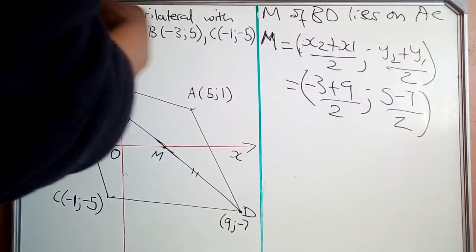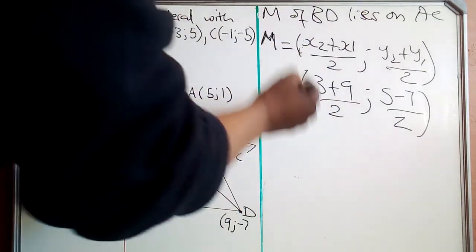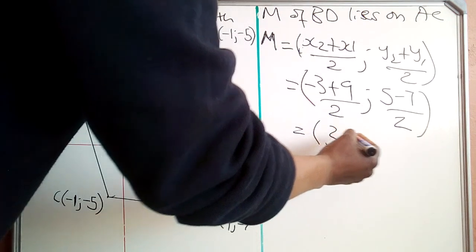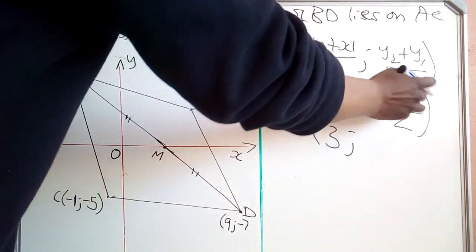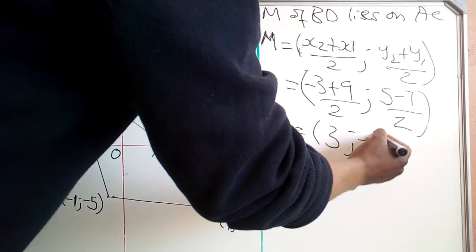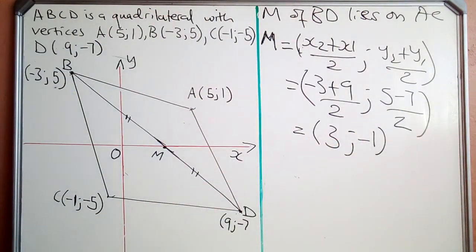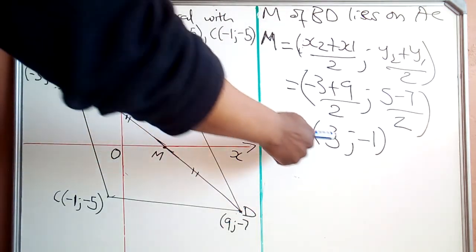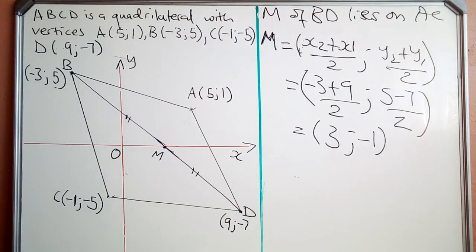This one will give you 6, and 6 divided by 2 is 3. That one will give you -2 divided by 2, which is -1. So we know that the midpoint of BD is at coordinates (3, -1).